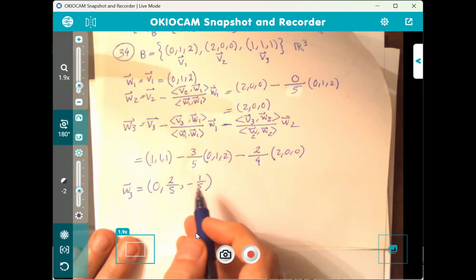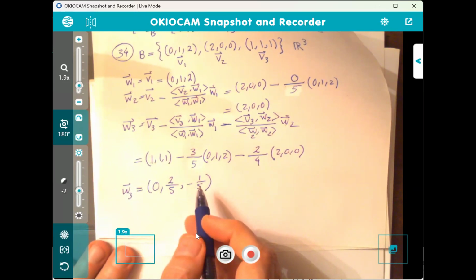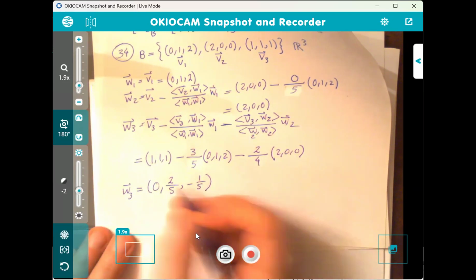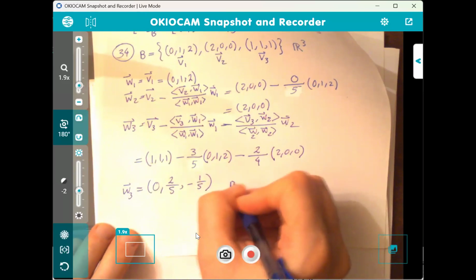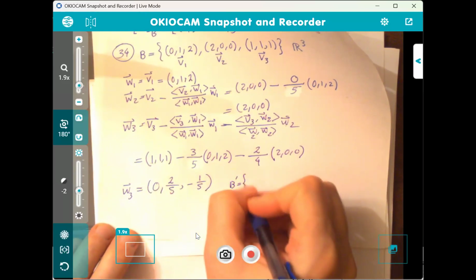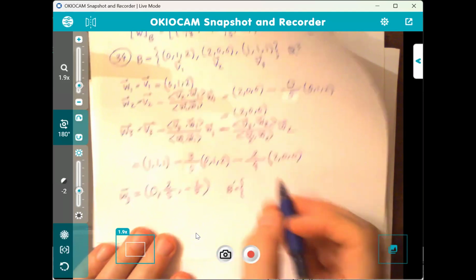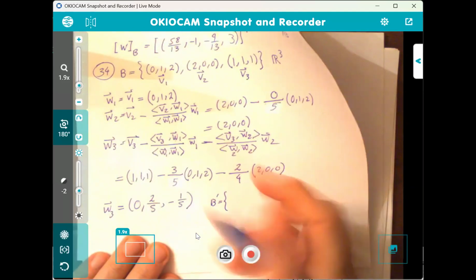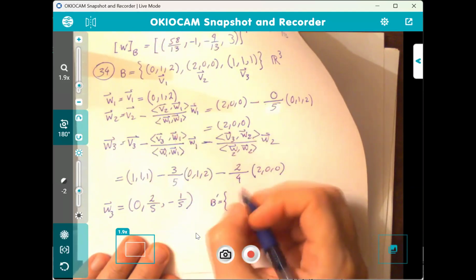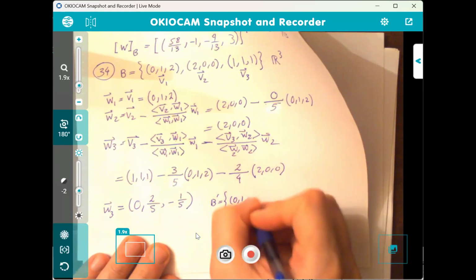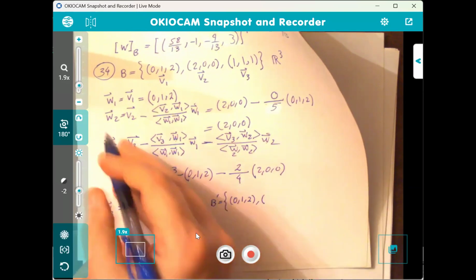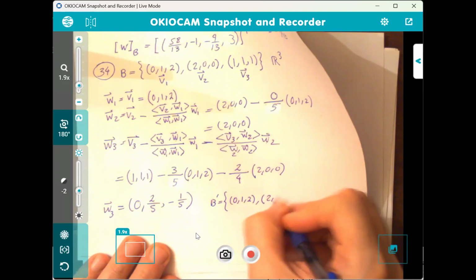Okay, so now we have W1, W2, W3, right? So this would be our B prime, if you will. These are the orthogonal vectors now. They are mutually orthogonal. It's going to be 0, 1, 2. The second vector is going to be 2, 0, 0.